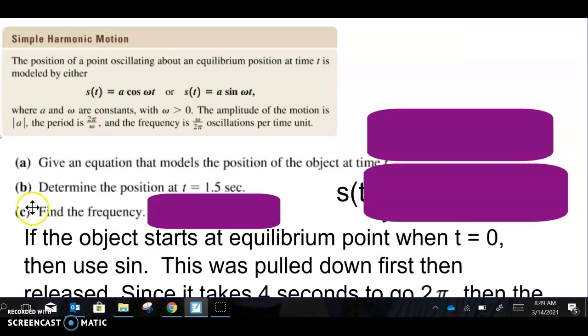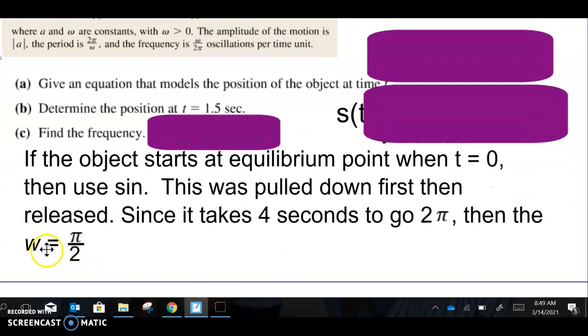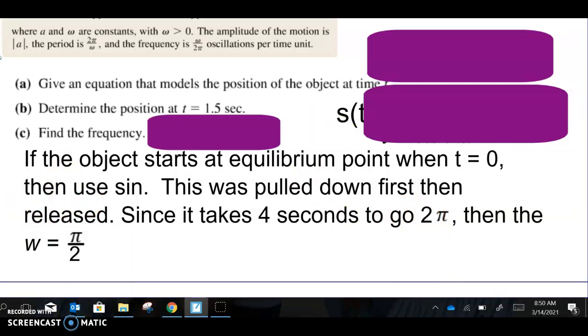So since it takes 4 seconds to go 2 pi, omega is 2 pi over 4. That's how many radians per second, so omega is pi over 2.